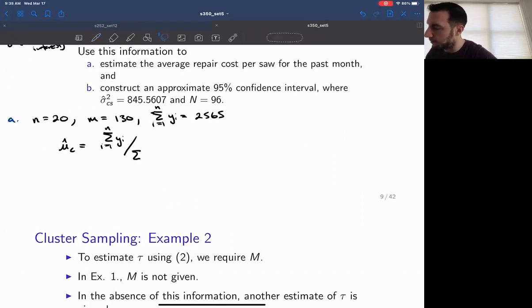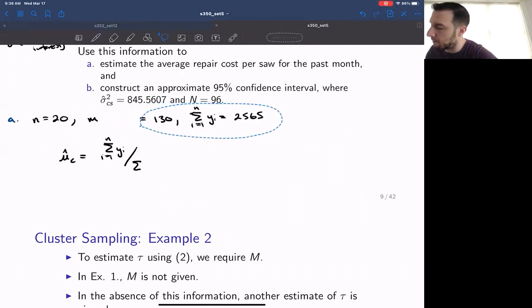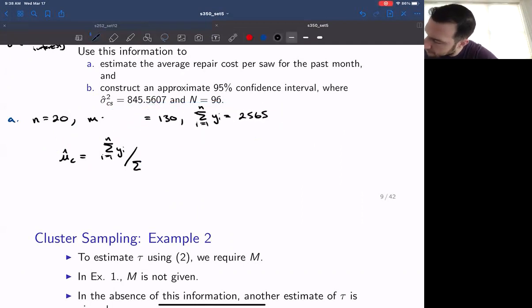Actually, I should write that in the proper way. This second total, which I called little m, we could just call it little m. I'll call it both. This is little m, which is the sum from i equals 1 to n of the mi, and this is the sum from i equals 1 to little m of the mi.